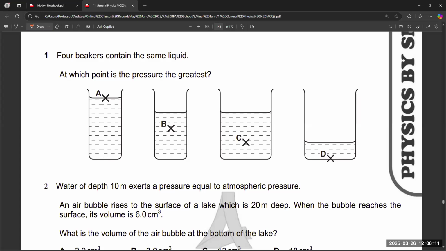This is the first question. Four beakers contain the same liquid. At which point is the pressure the greatest?